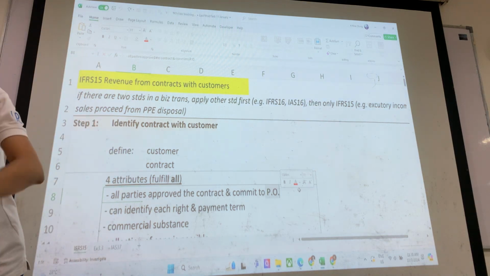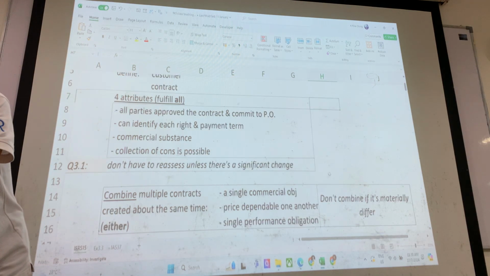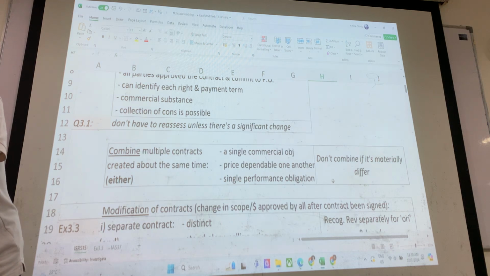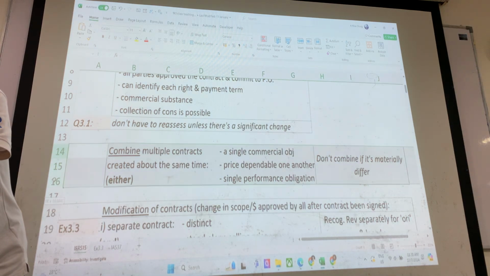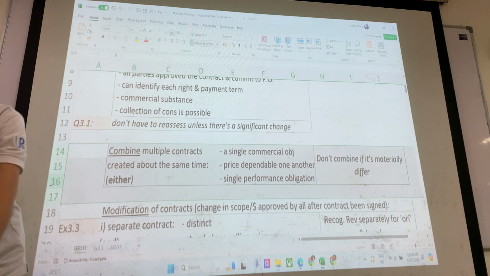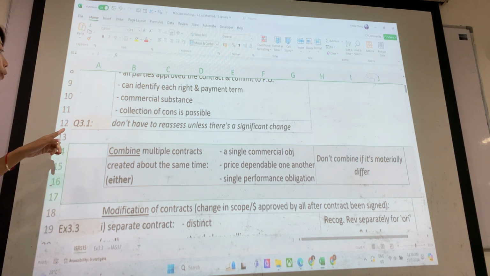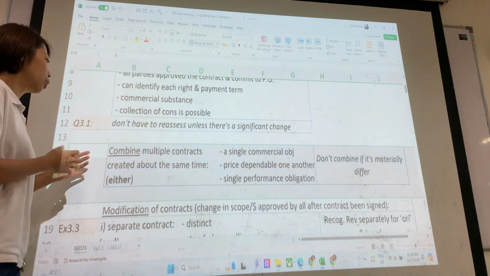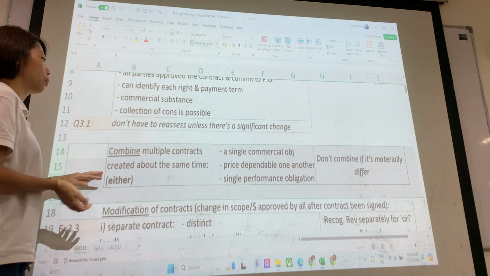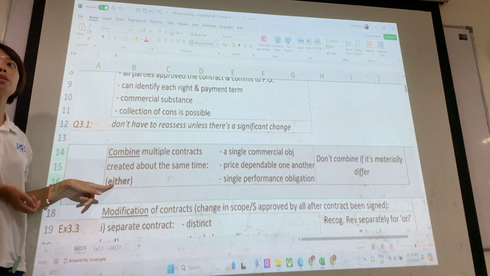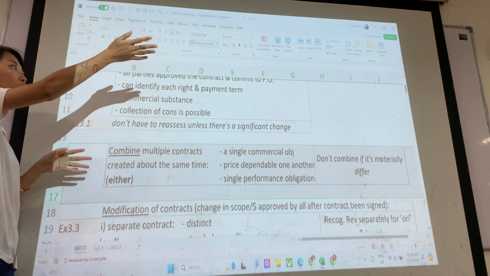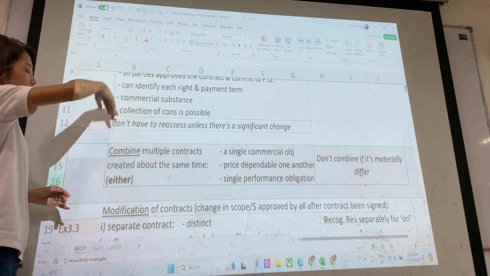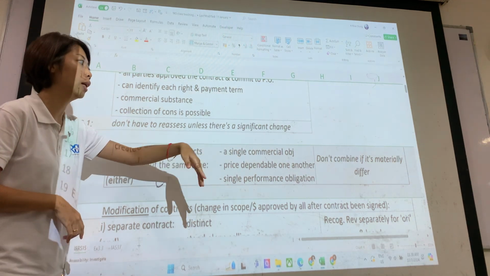So roughly it's like this. There's a duty. So you have some definitions, some boring stuff to remember, so I wrote it over here. If you have multiple contracts with very near timing, created about the same time, like 1 month, 15 days or whatever, when you see either, I normally write all or either. All means all. Either means anyone.